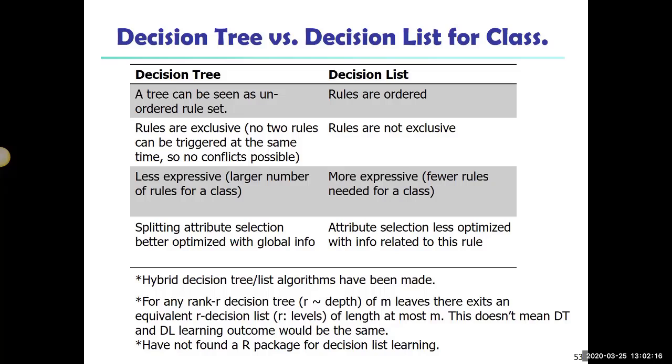People have also proved that for any rank R decision tree, where R roughly can be interpreted as the depth of the tree, with M leaves, there exists an equivalent rank R decision list. This means that a decision tree is a type of decision list. Decision list is more general.